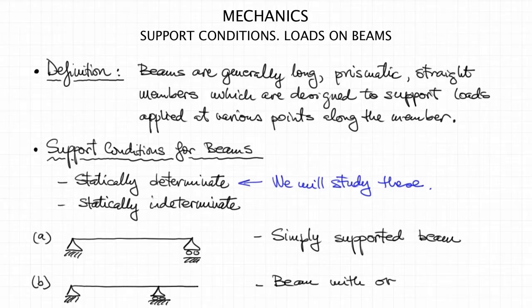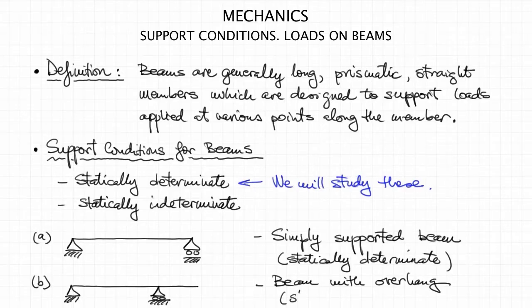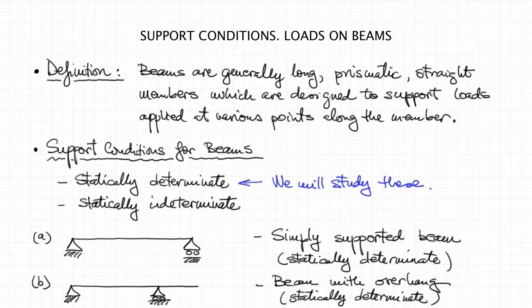So now the beam has an overhang. Both of these beams are made of one rigid body and three external reaction forces. And as you can imagine, they are both statically determinate. One body, three equations of equilibrium, and three external unknowns, two for the pin support and one for the roller support.